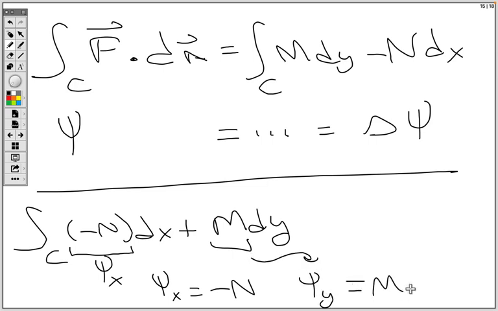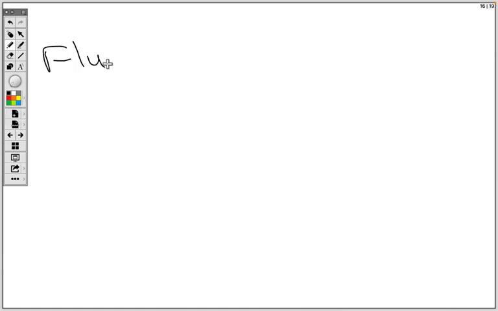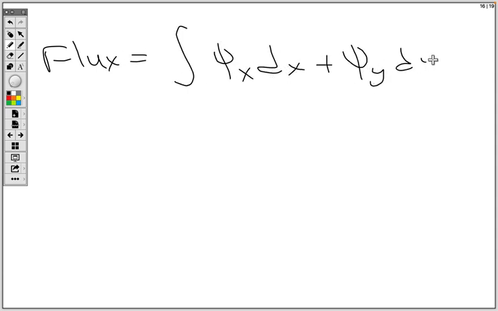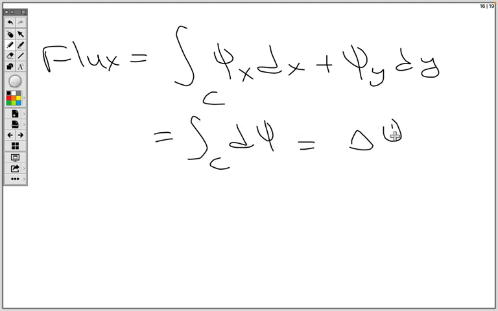And if I could figure that out, then I could get my flux by integrating psi x dx plus psi y dy, which is integrating d psi. That gives me the change in psi.